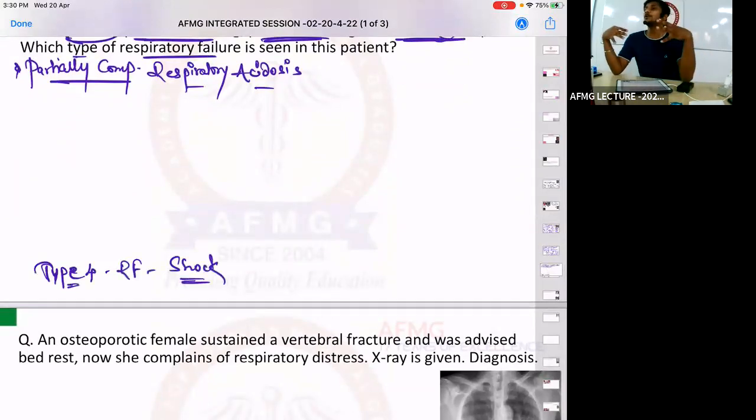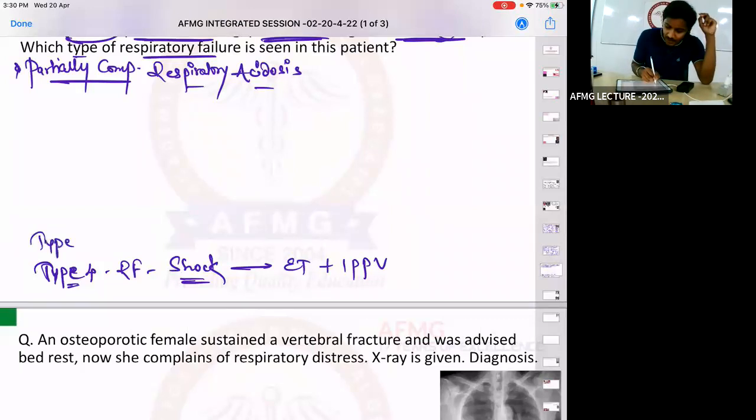That means due to hypoperfusion of the respiratory muscles, the muscles are not able to work properly. So in any type of shock, the patient will have type 4. And here the treatment of choice would be intubation plus intermittent positive pressure ventilation, IPPV.